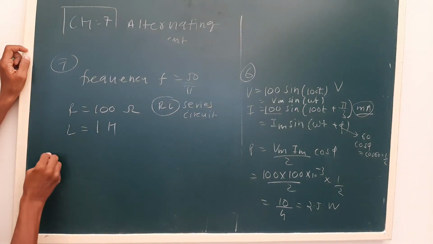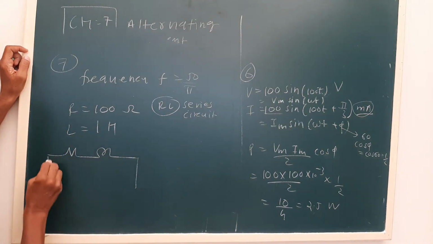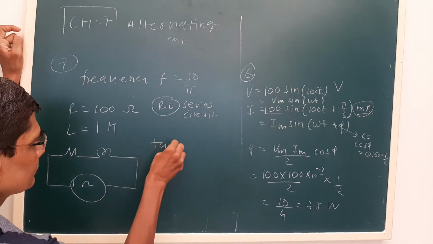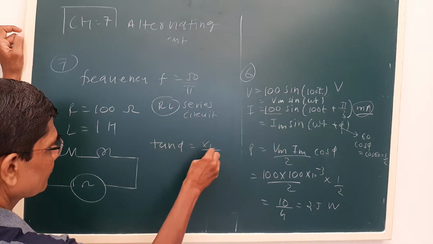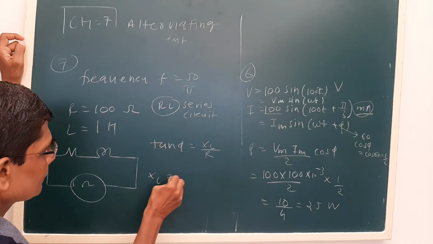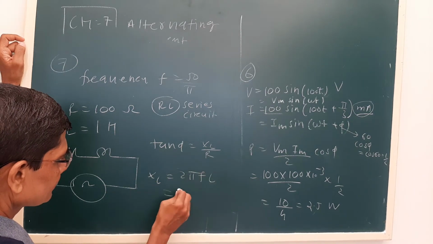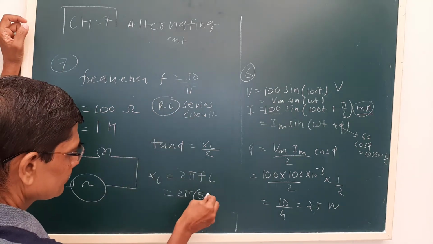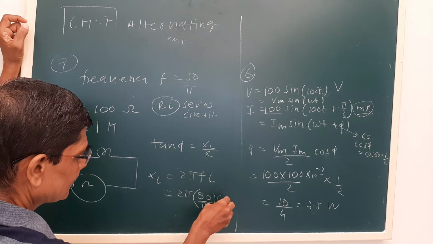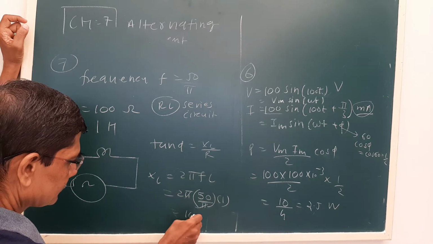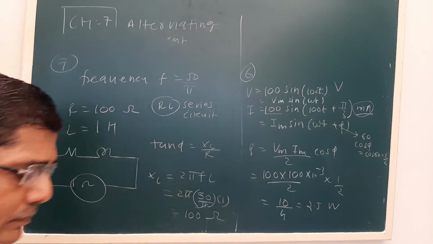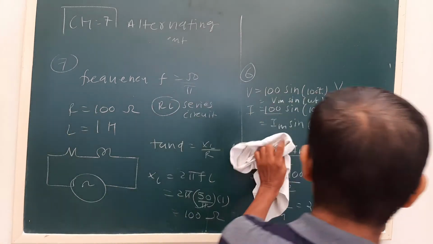Then tan phi will be XL by R. XL is 2 pi FL. Frequency is given as 50 upon pi, L is 1. XL we get as 100 ohm. Now the phase difference is given by XL by R.